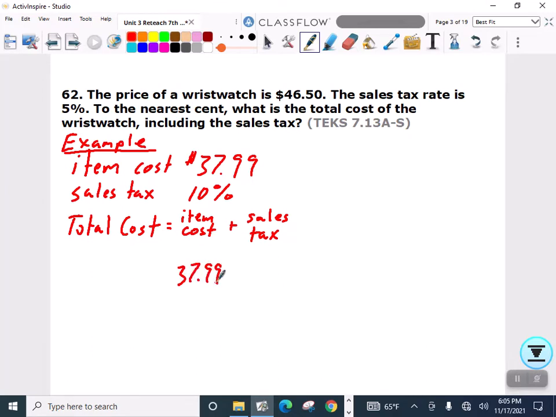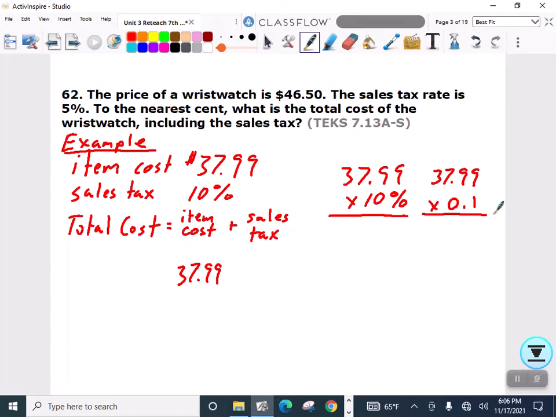And if I take $37.99 and I multiply by 10%, we have to rewrite that. We cannot calculate with a percent. We need to calculate with a decimal. So this would work out to be $3.79 and 9 thousandths of a dollar.